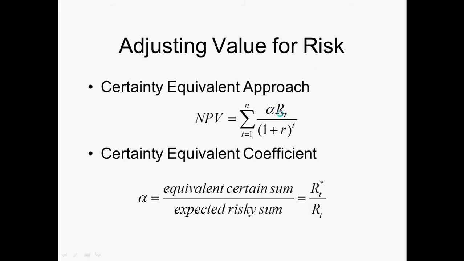How much would I have to discount to be willing to take the certain payment over this risky payment? Well, we call that alpha. So alpha is the equivalent certain sum over an expected risky sum, the certain sum marked with R star. It's basically how much the prospect of future income is reduced because it's risky, relative to if you had a certain return. And then you just discount all of those by the interest rate.